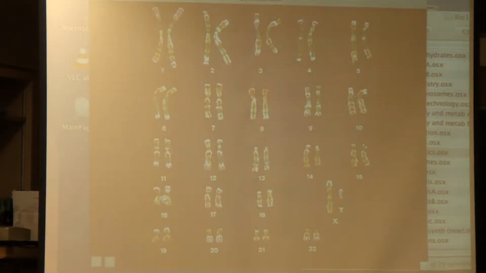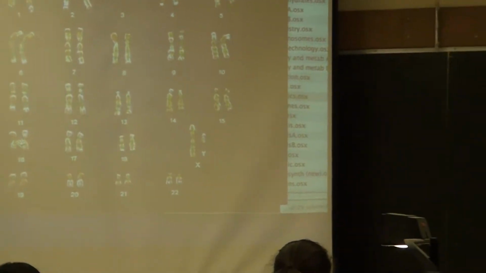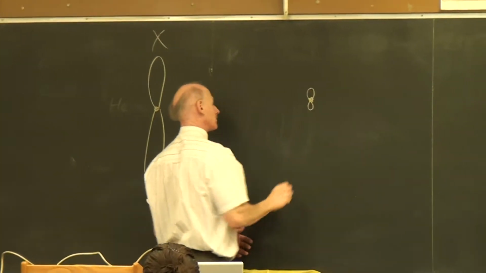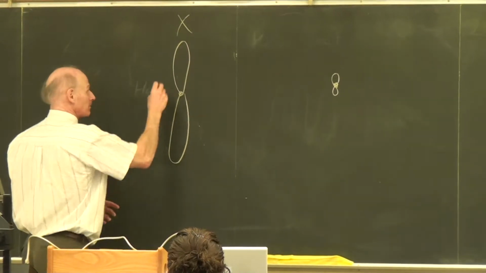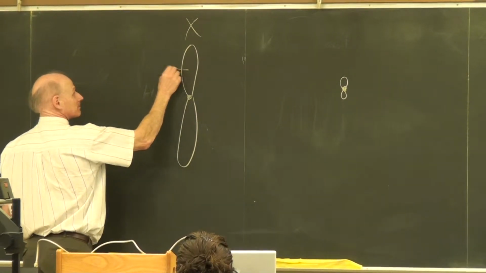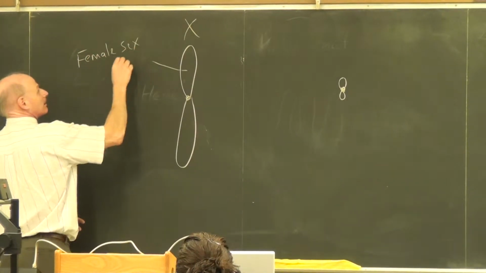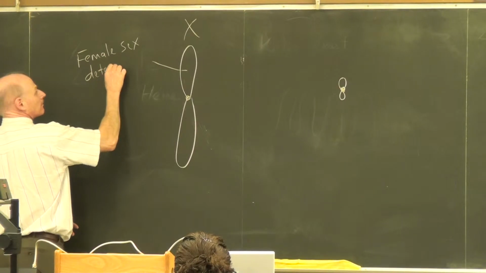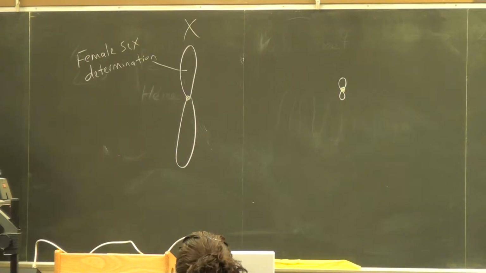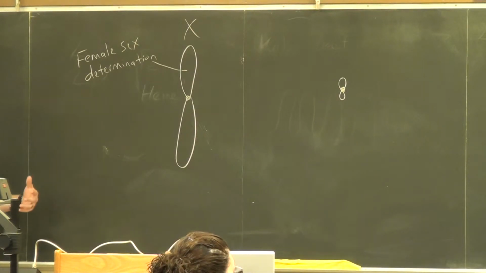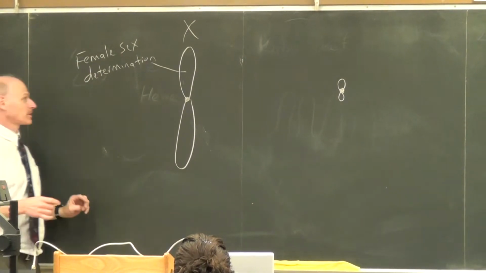If this is the X chromosome, and this is the Y chromosome, there are genes on the X chromosome for female sex determination. In other words, there are genes there which promote the fetus, when it's still growing inside the mother's womb, to develop ovaries and vagina and all the female reproductive organs.